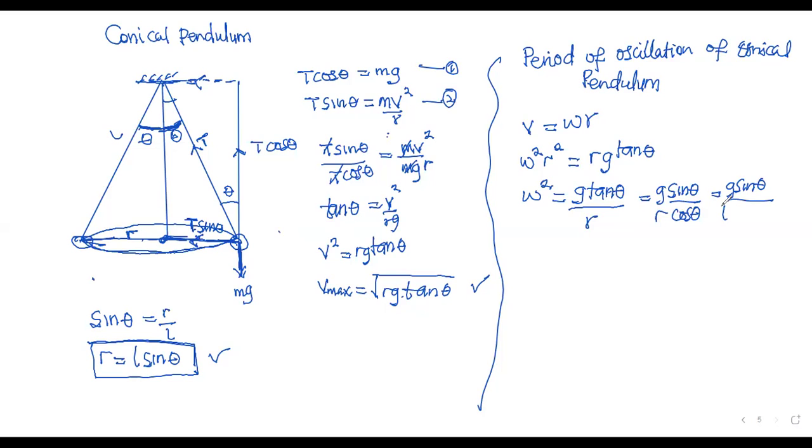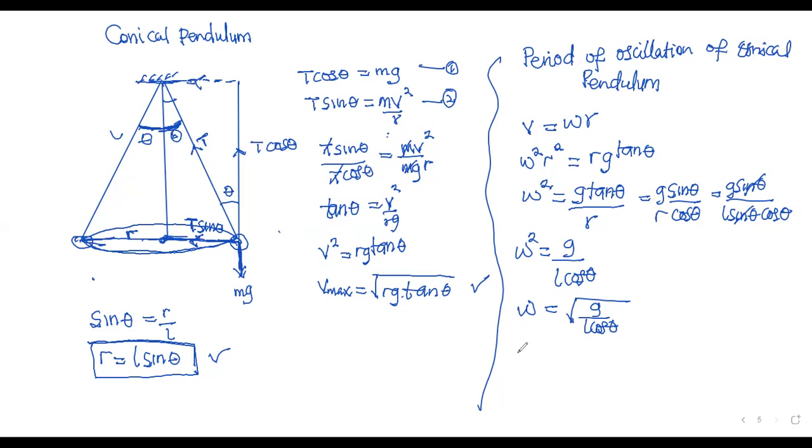So L sine theta times cos theta. We are breaking it down. Sine will cancel out. So we have omega squared being equal to g over L cos theta. Omega therefore is equal to the square root of g over L cos theta.